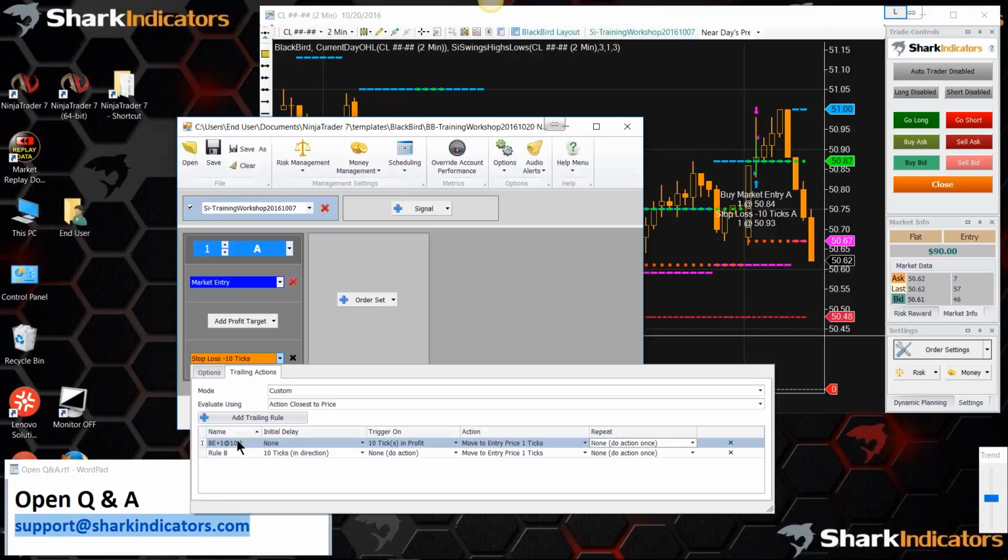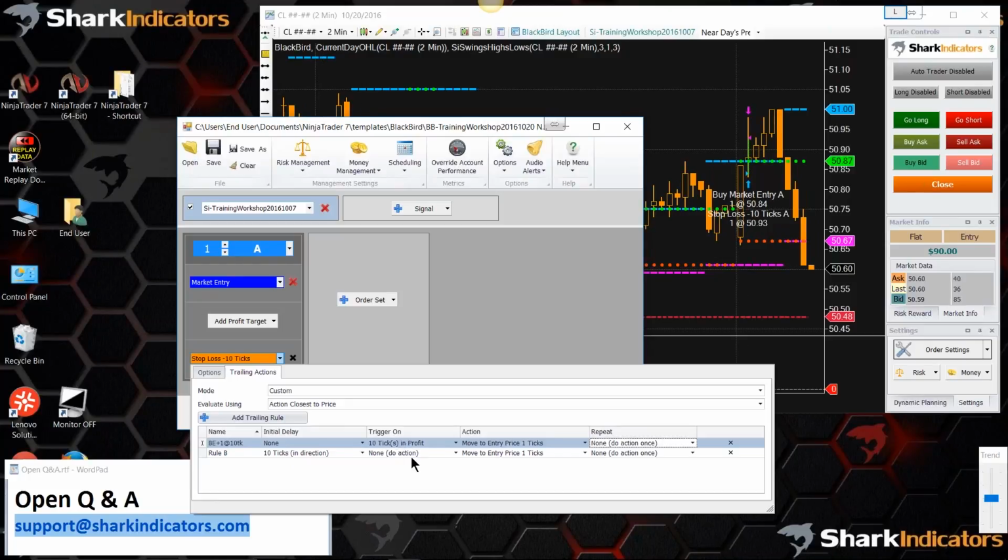When you're setting up a trailing rule, everything happens in order. The initial delay has to occur first. Then, if there is a trigger, the trigger has to occur. Once the delay is over and the trigger happens, then the action can take place.